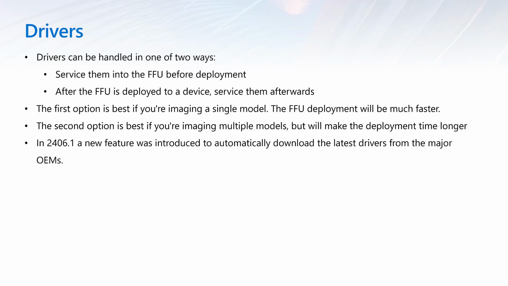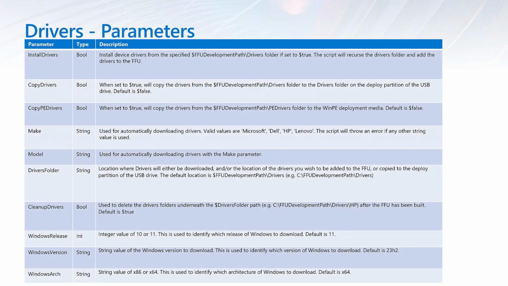Now in 2406, we introduced a new feature to automatically download the latest drivers from the major OEMs. And how this all works is it leverages a number of different parameters during your installation command line when you're trying to run the script.